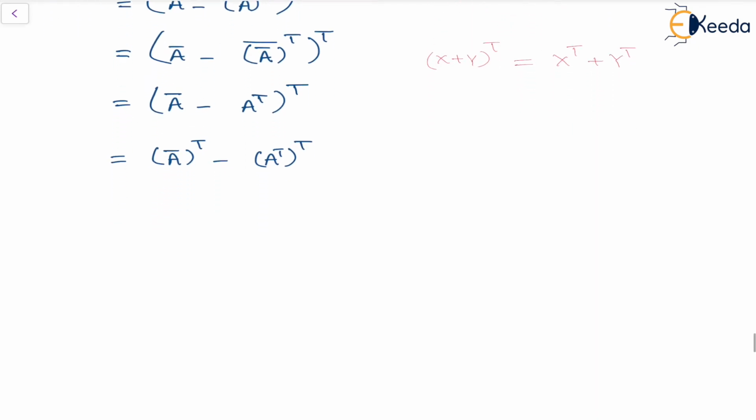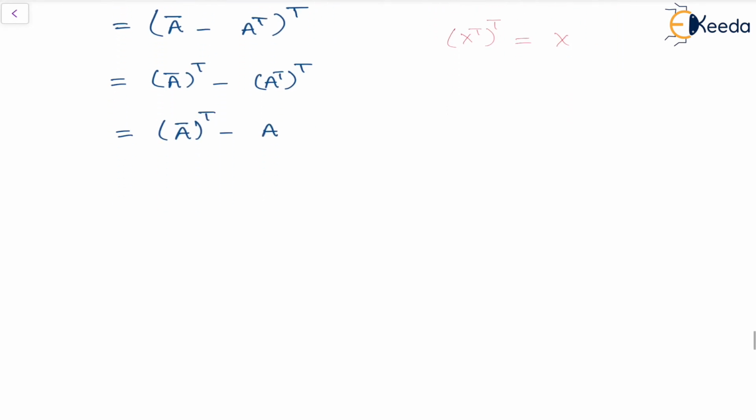And since transpose of the transpose becomes the matrix itself, we will get this as A transpose conjugate minus A. Taking negative common, we will have minus of A minus A transpose conjugate. And this is nothing but negative of C.